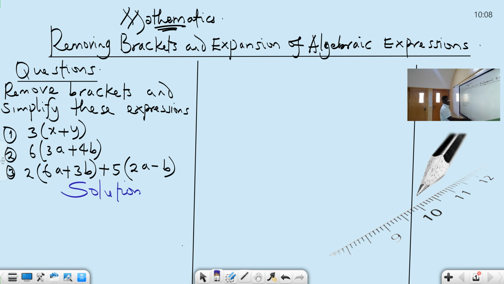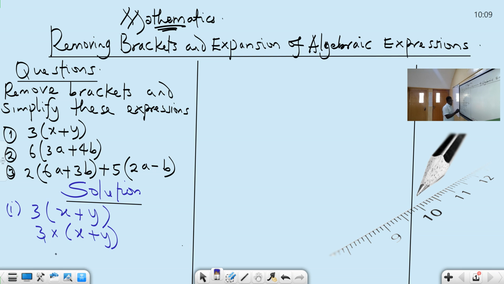The first question here is 3 bracket x plus y. What this means is this 3 outside is multiplying the expression x plus y. This is a binomial expression because it has 2 terms in it.